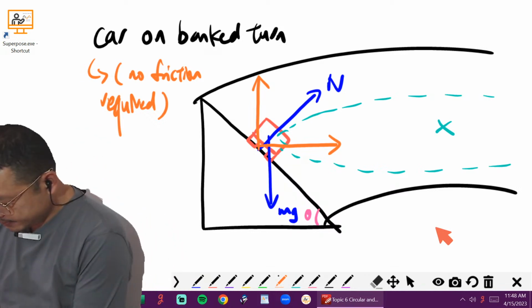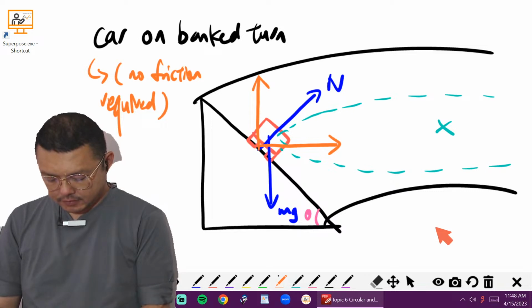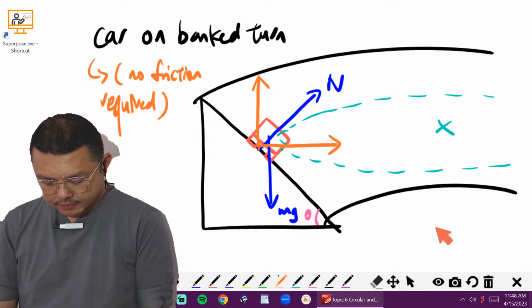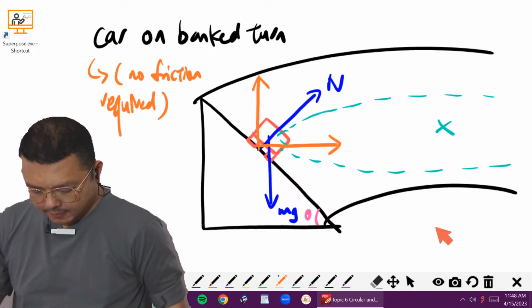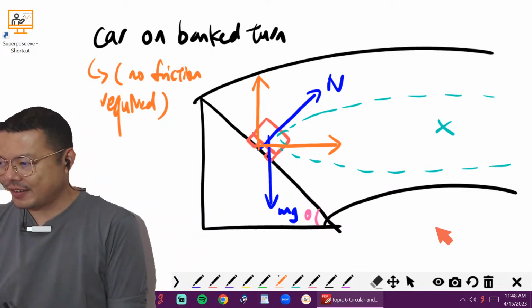Are we okay? All right, but then how do you resolve this N force? You have to do some trigo.